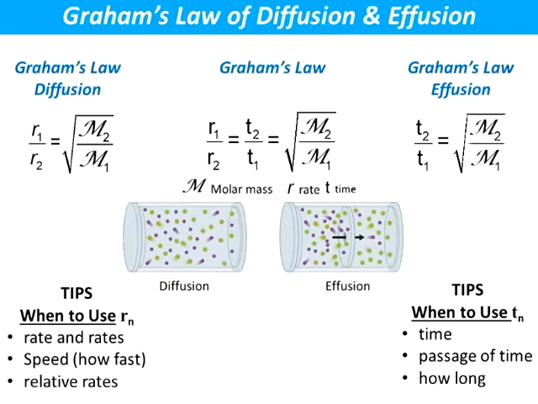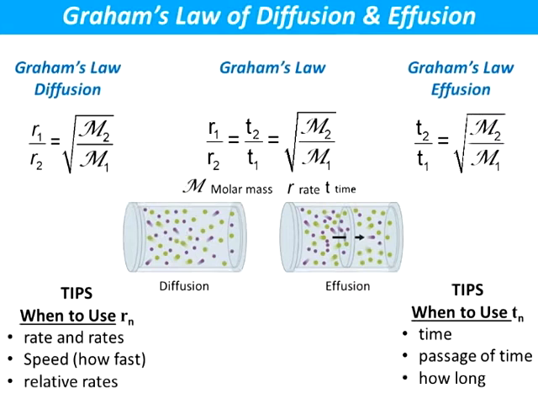In the case of effusion, Graham's law, on the far right side of this slide, we note that T2 and molar mass 2 are both in the numerator, and T1 and molar mass 1 are in the denominator.